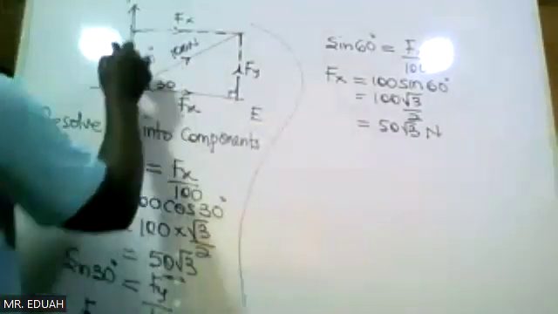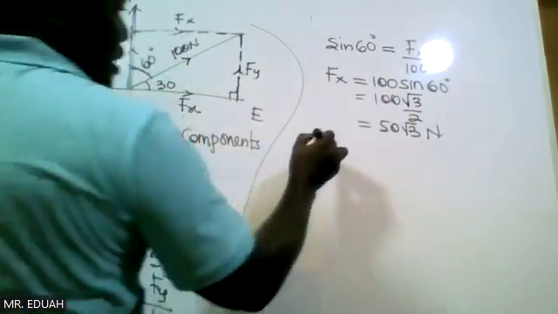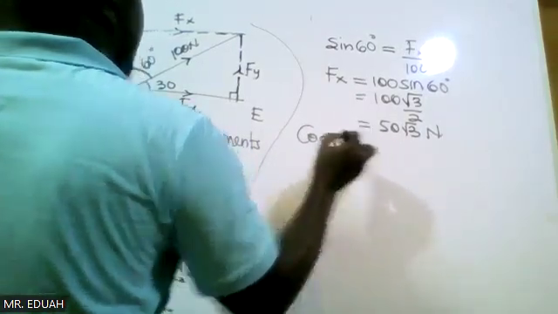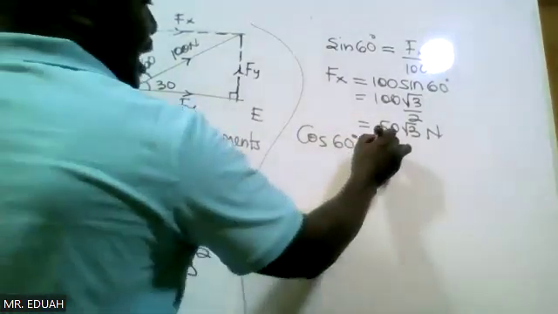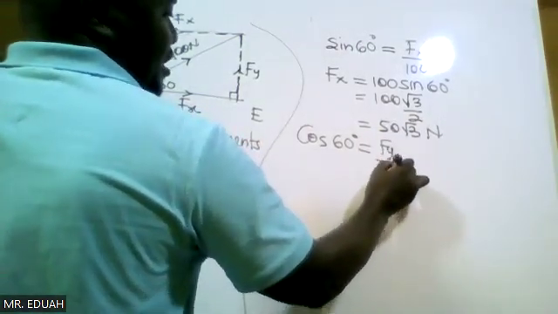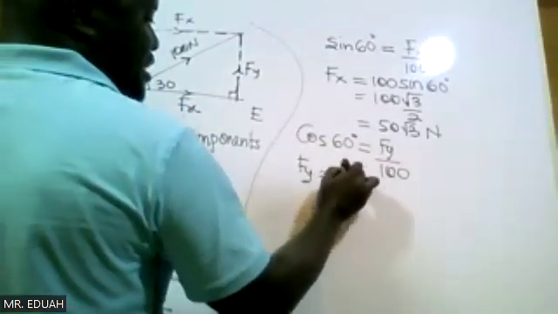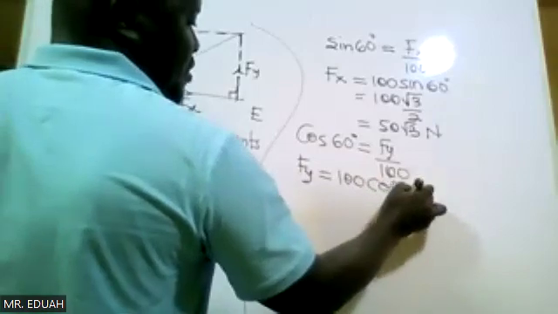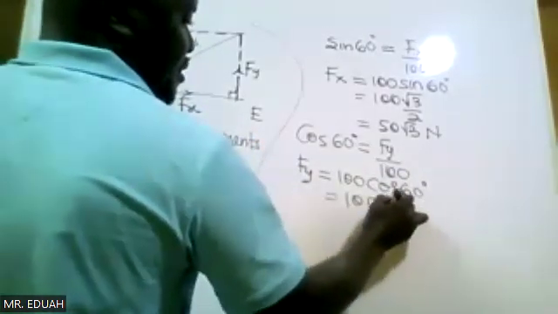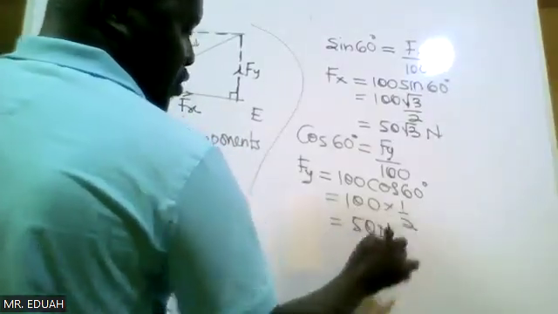Now, for the vertical component here, cos of 60 is equal to adjacent, which is Fy on 100. Fy is equal to 100 times cos of 60 degrees. Well, cos 60 is half. So I have 50 Newton.